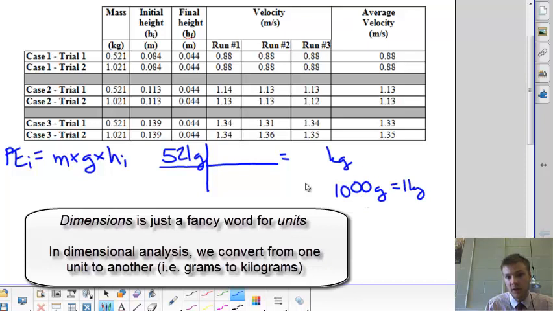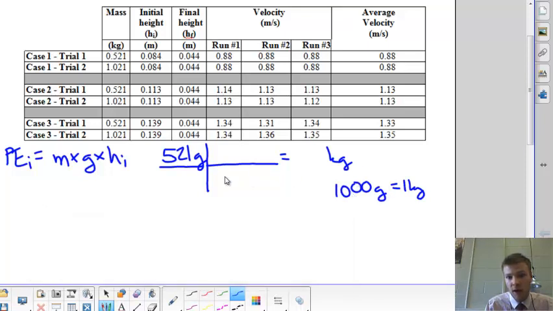I'm going to put grams on the bottom so I can cancel grams: grams on top, grams on the bottom, cancel, no problem. 1 kilogram goes on top. Note that I do not cancel out the number.